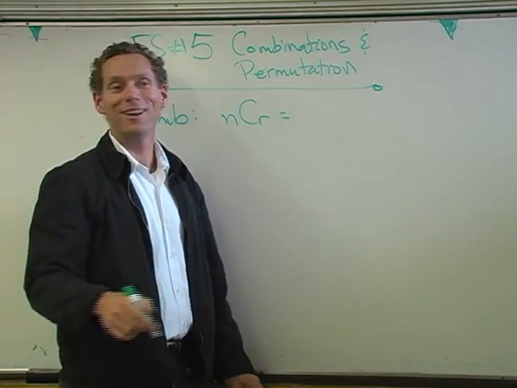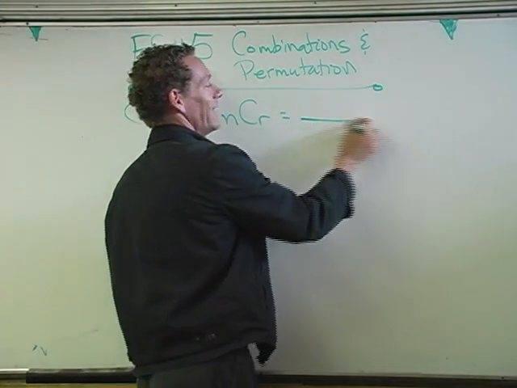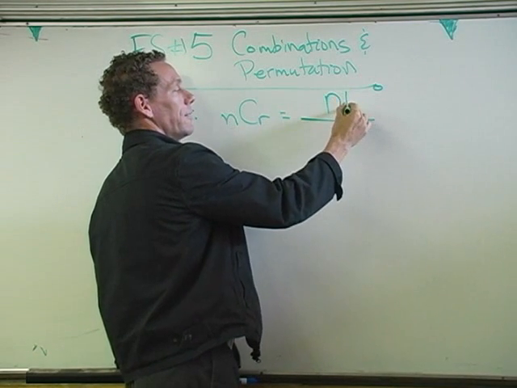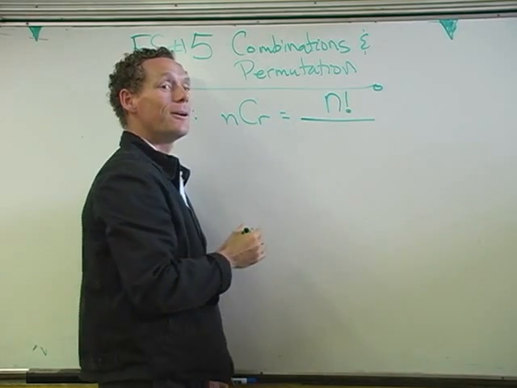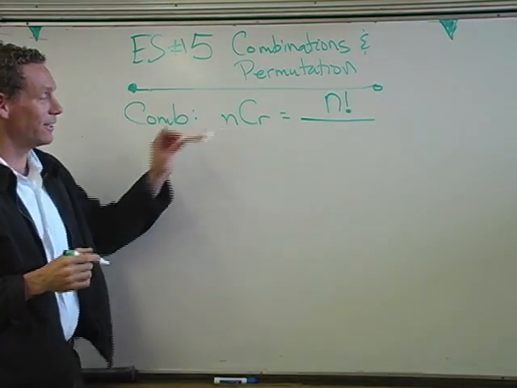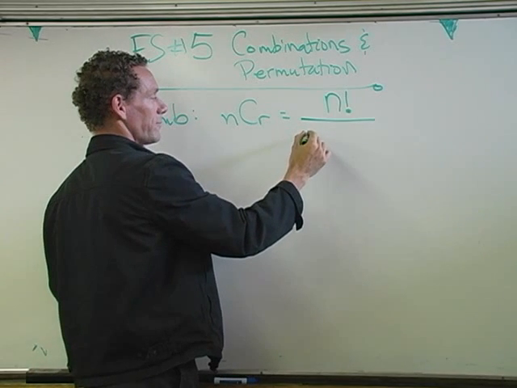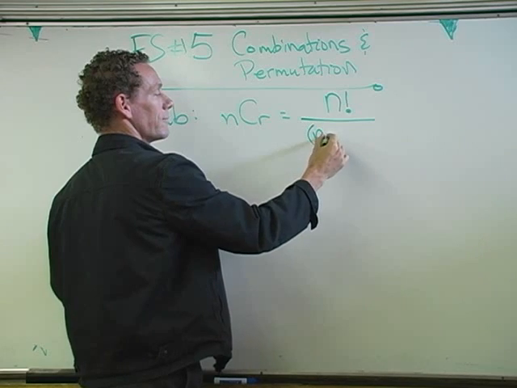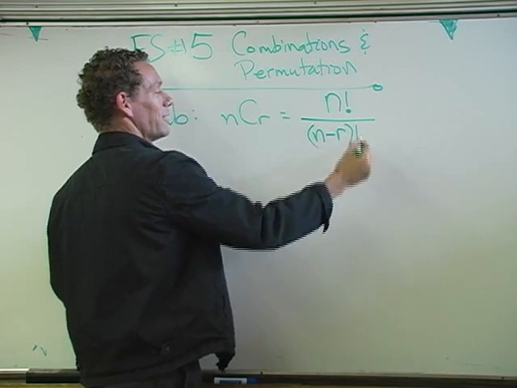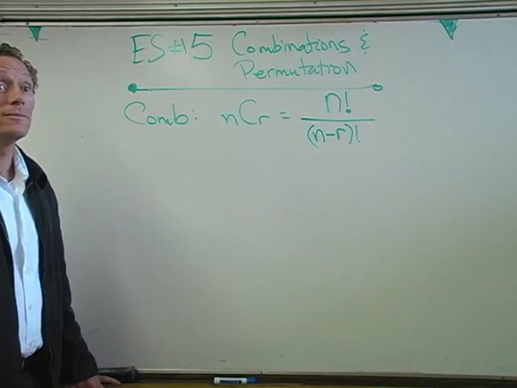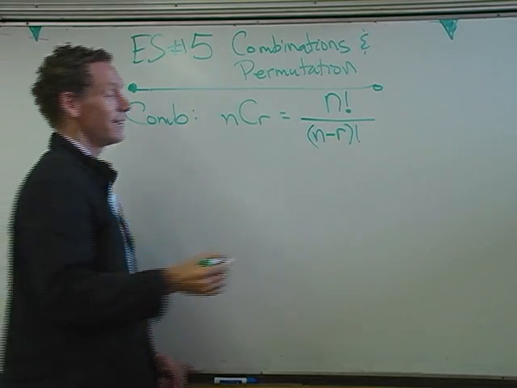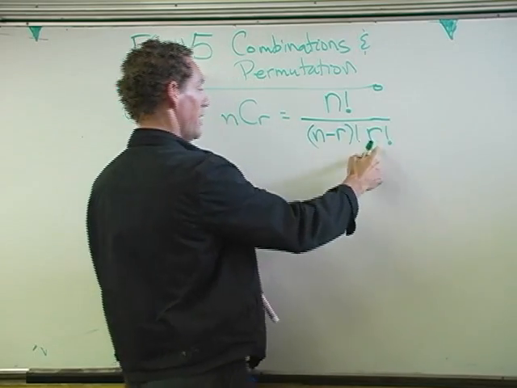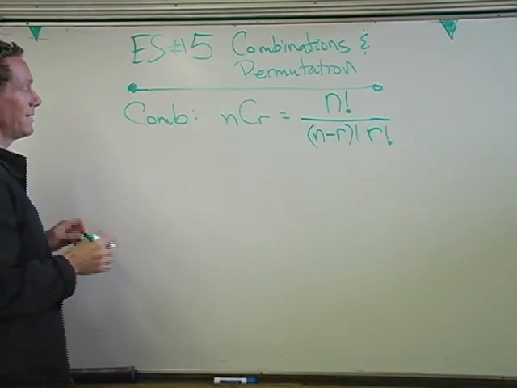It's n factorial over n minus r factorial, and then another r factorial. It's the extra one, right? So combinations are less than permutations.